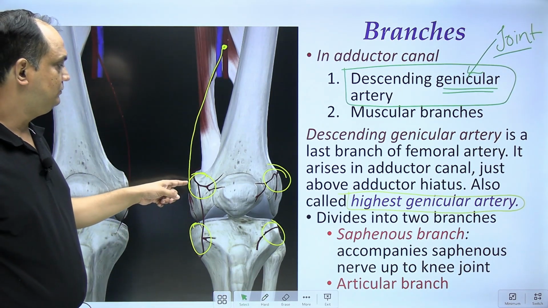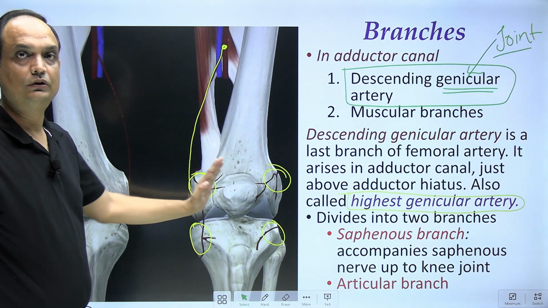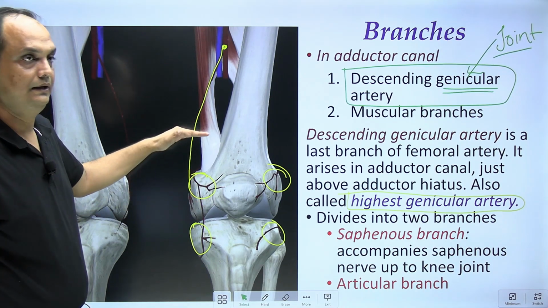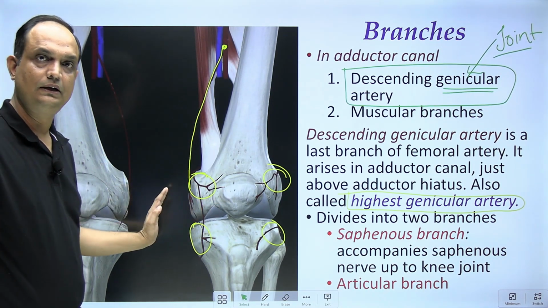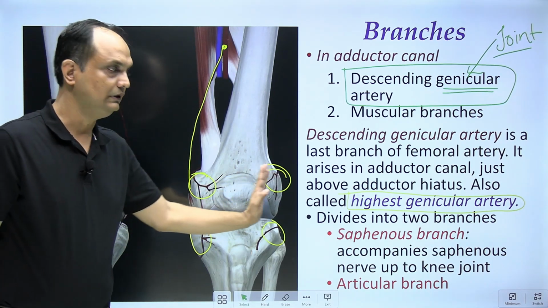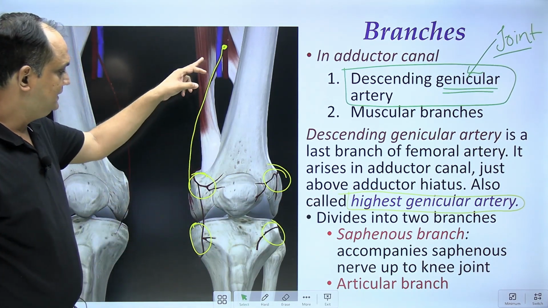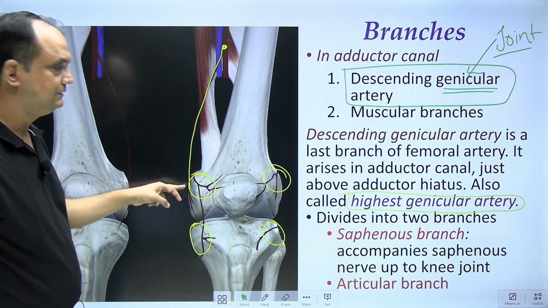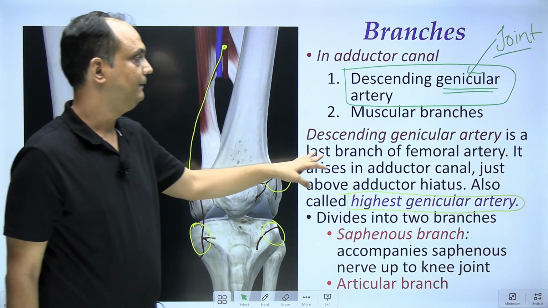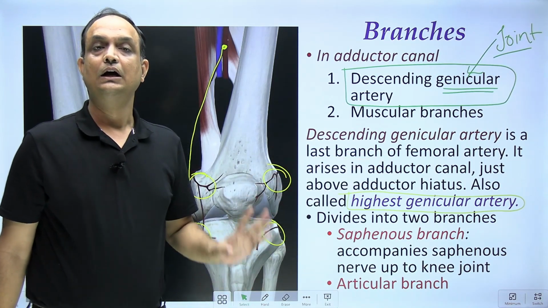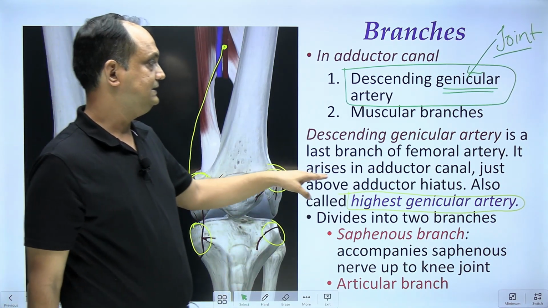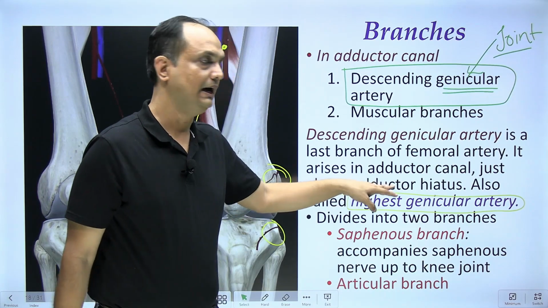The highest genicular artery is on the medial side and superior. This is inferior genicular, this is superior genicular on the medial side, and this is superior and inferior on the lateral side. On the medial side you have this descending genicular artery, the last branch of the femoral artery in the adductor canal, arising just above the hiatus.